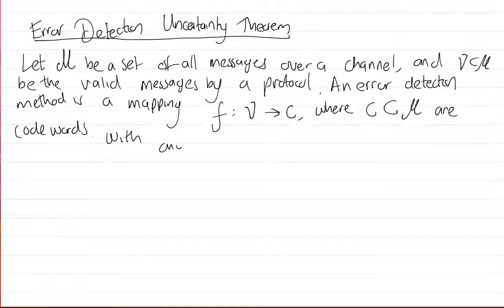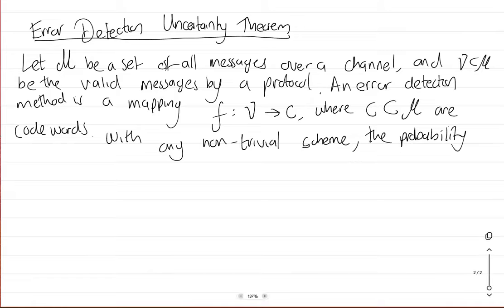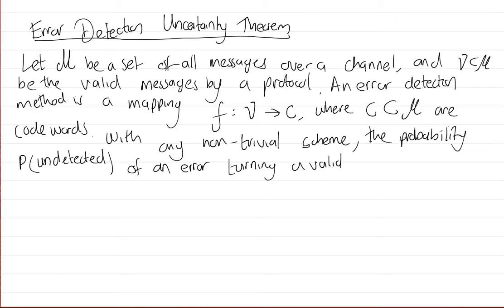So with any non-trivial scheme, in this case an error detection scheme, the probability, denoted as P of undetected, of an error turning a valid message into another code word undetected is positive.